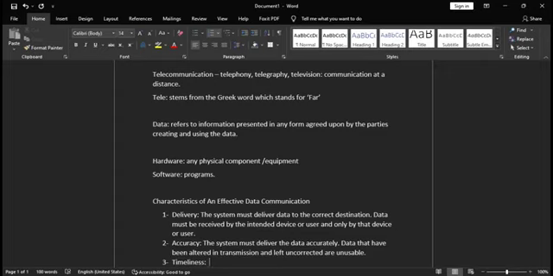Timeliness. Now, the system must deliver data in a timely manner.